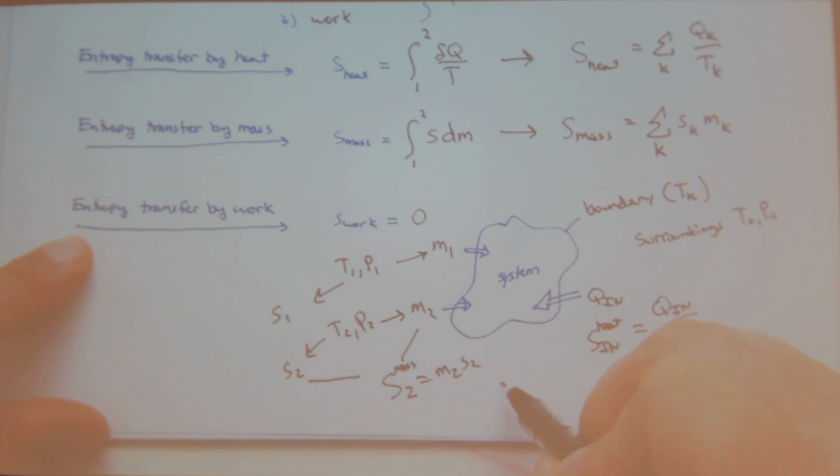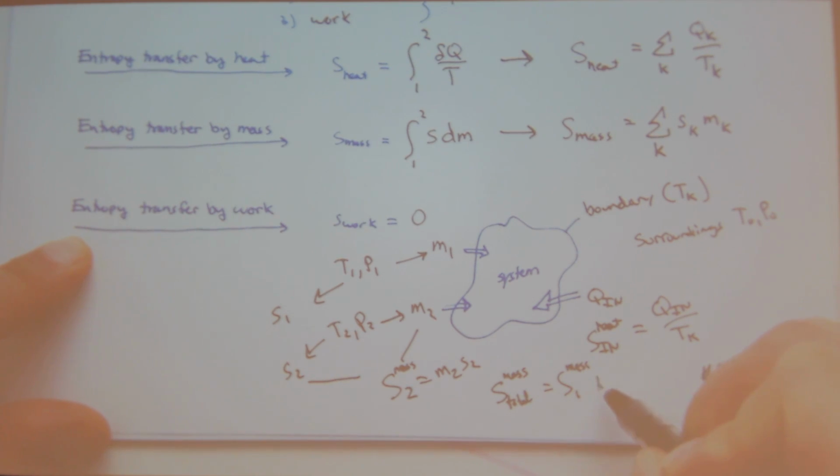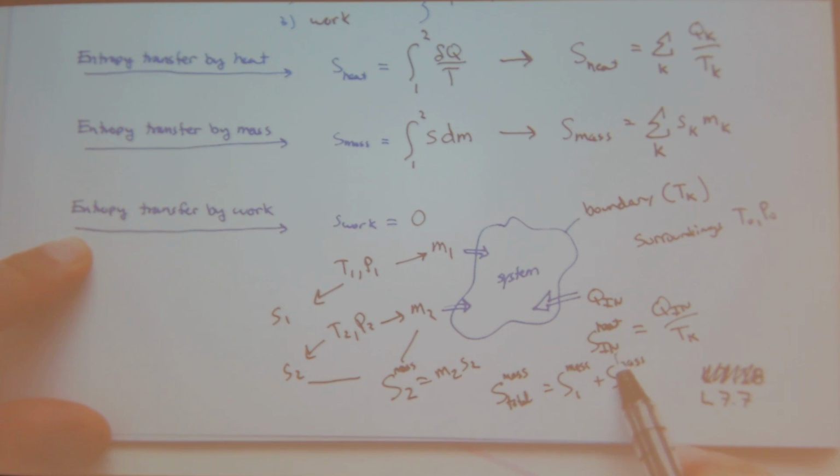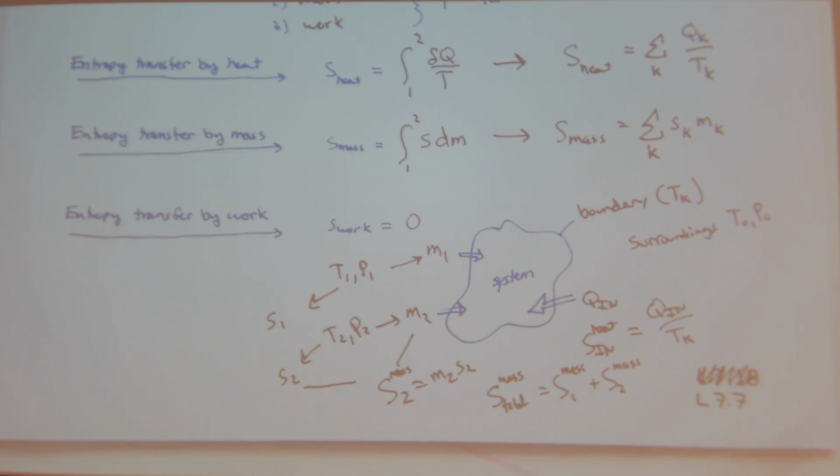Likewise, S total by mass is equal to S1 mass plus S2 mass, and S total in by heat is just this, because I only have one form of heat coming in. Any questions?